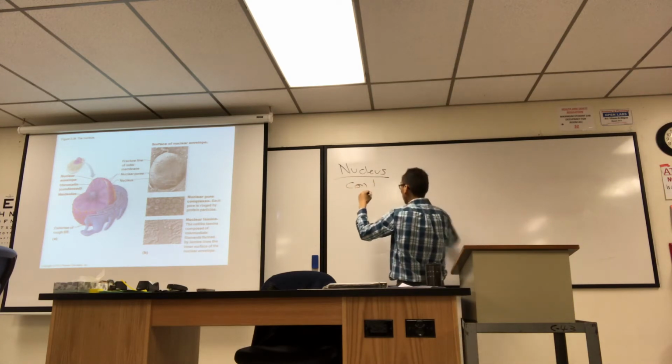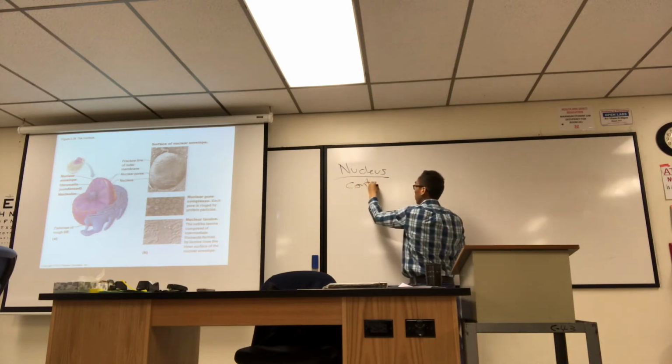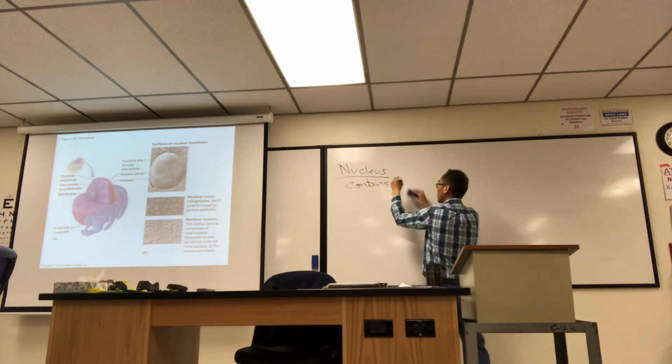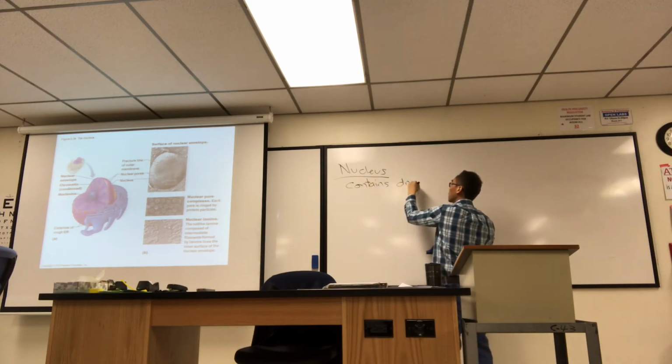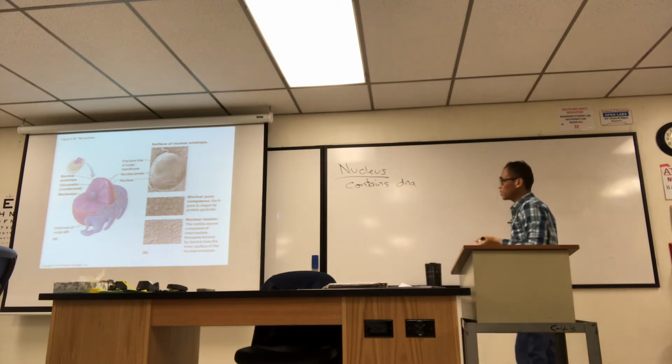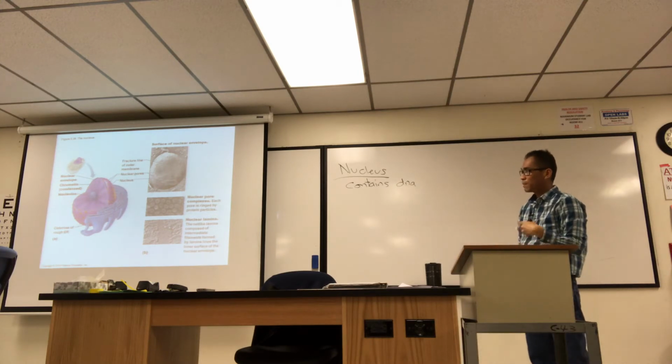Now, it contains the DNA. That's the most important detail we should know about it. And what we learned in mitosis is that during cell division, you have to package the DNA in a way so it doesn't get damaged.